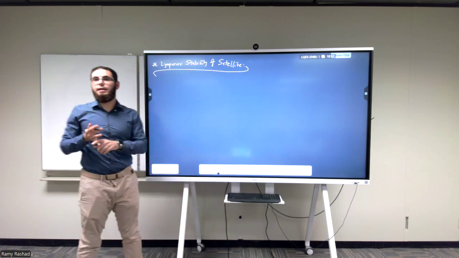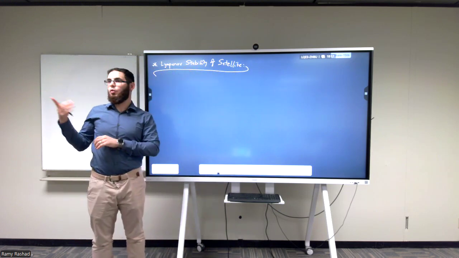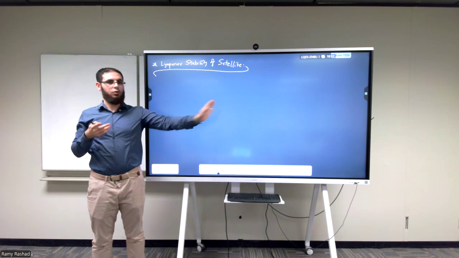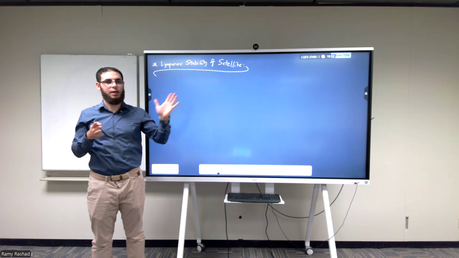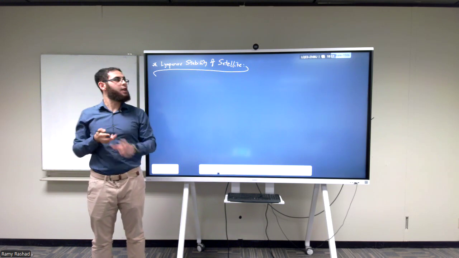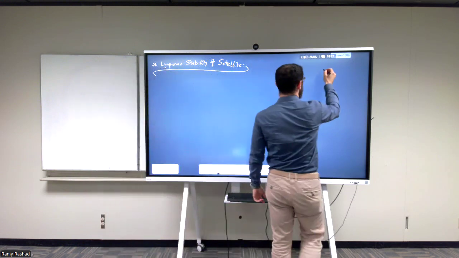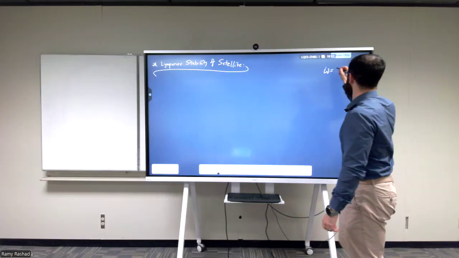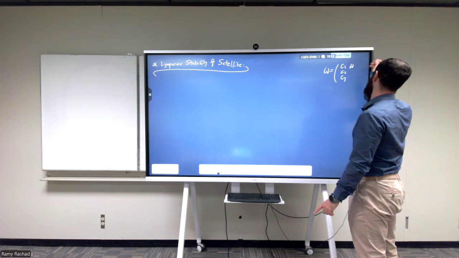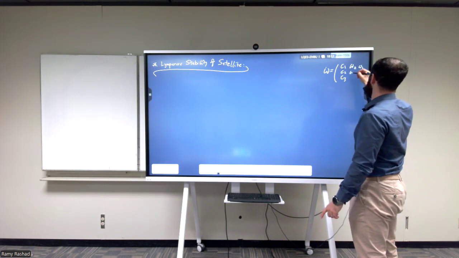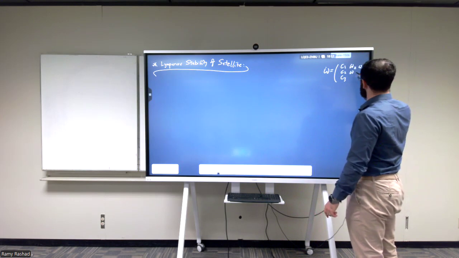We said that the satellite had 4 equilibrium points. One of them, we know it was unstable, so we're not going to be focusing on it. We had one which is the origin. So the first one that we had for the satellite, omega dot was equal to C1, C2, C3, omega 2 omega 3, omega 1 omega 3, and omega 1 omega 2.